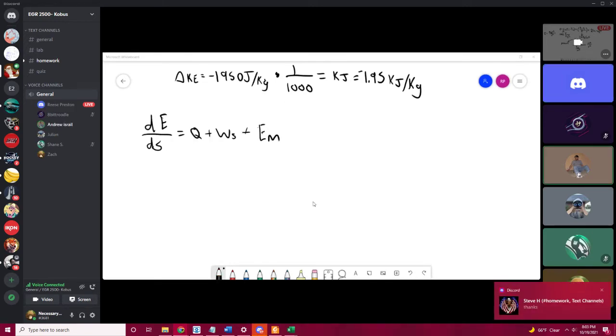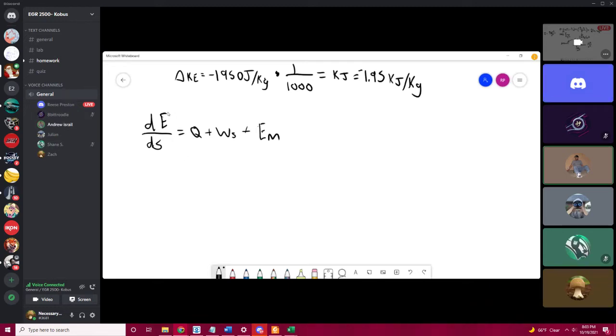Okay. So that becomes 0, steady state. Q becomes negligible from order of magnitude. The work we have is shaft work from the turbine. I'm just gonna separate this.